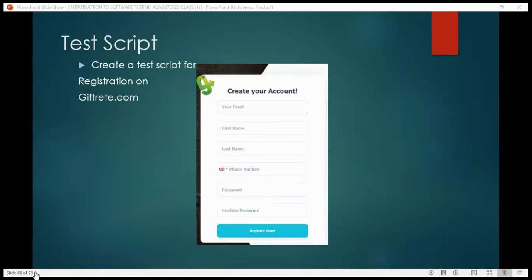I think Rita asked, do we have to be very good at typing? Not at all. Let me tell you, I'm not a fast typer too, but I didn't start with that. Of course, with practice, the more you do it, nobody is looking at the speed of your typing.